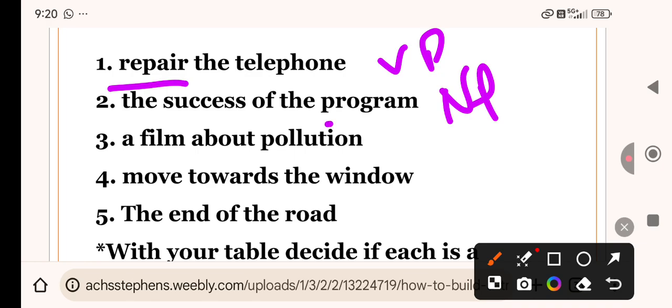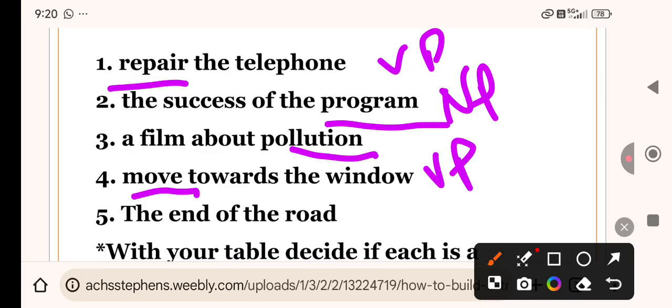The success of the program, they are talking about the program, so that's a noun. Head word is noun. Then a film about pollution, that is also a noun phrase. Then move towards, so move is a verb, so that's a verb phrase. The end of the road, so here the head word, or keyword, is road, so that's a noun phrase.